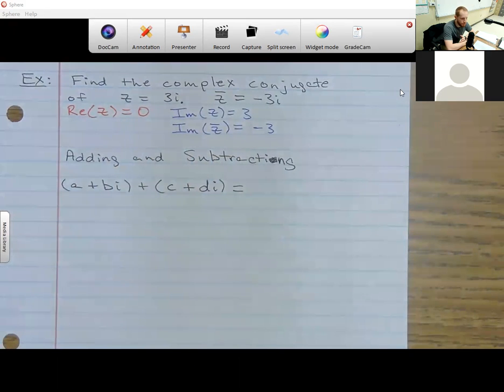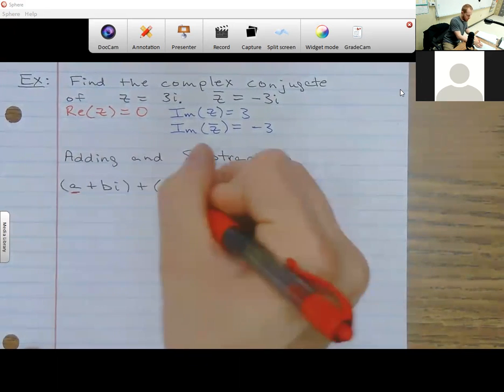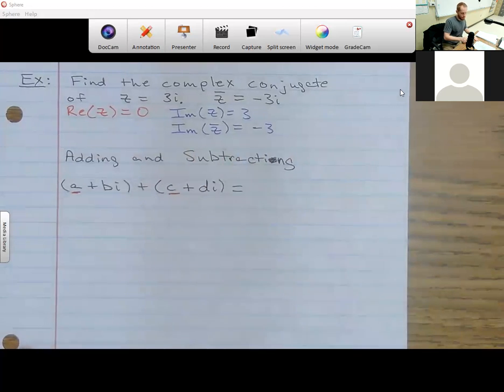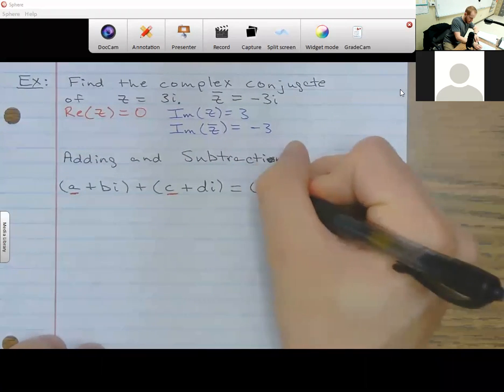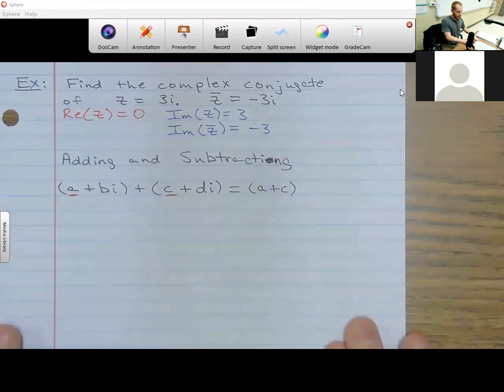I'm going to add them together. And the first thing I do is I put the real parts together. So what are the real parts going to be? The real parts are going to be a and c. So I'm going to start off by putting those together. So I get a plus c.